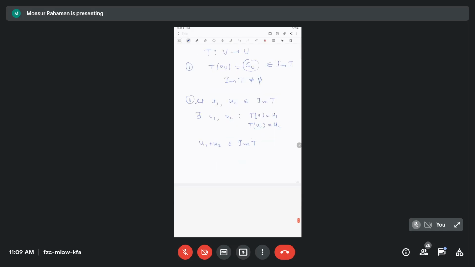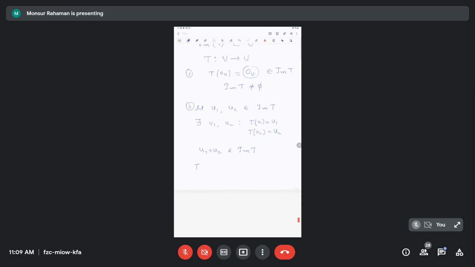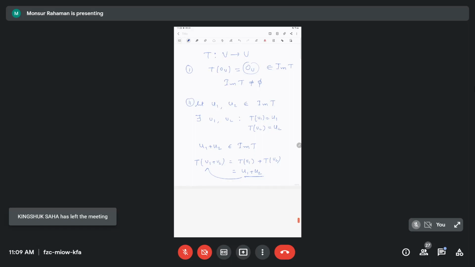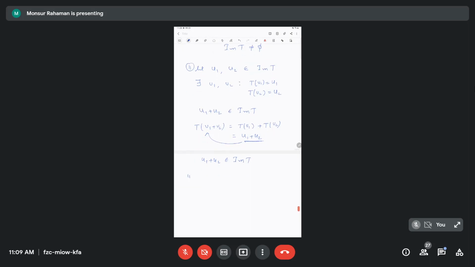So as T v1 equals u1, T of (v1 plus v2) equals T v1 plus T v2, which is u1 plus u2. So the pre-image of u1 plus u2 is v1 plus v2, because there are pre-images v1 and v2. So u1 plus u2 is in image T. The third condition: c belongs to R and u belongs to image of T. As u belongs to image of T, there exists v belonging to V such that T(v) equals u.